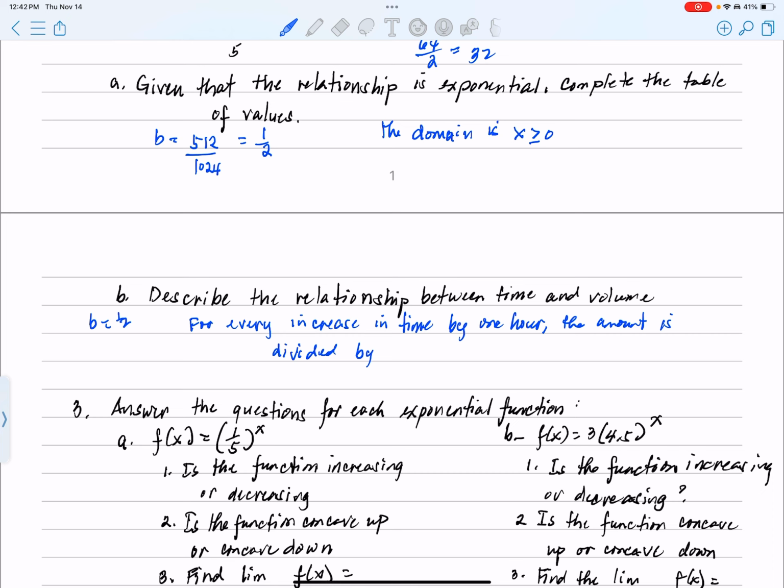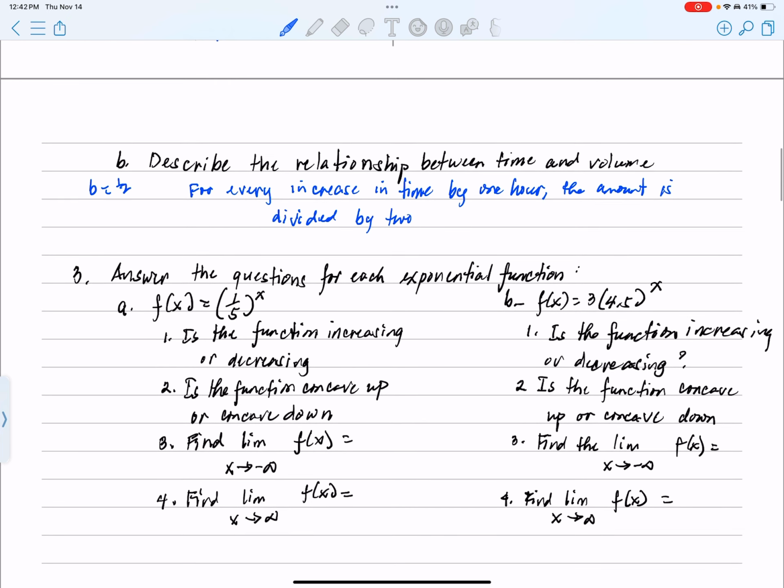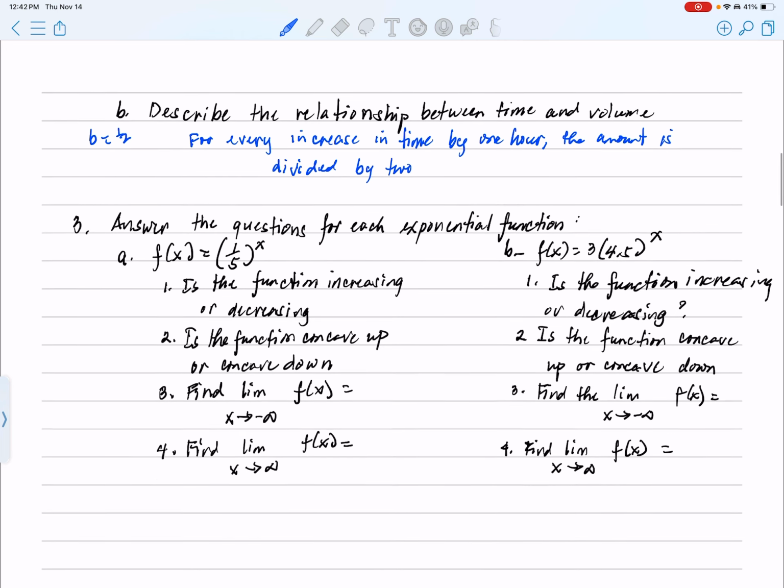Okay, let's have this number. Answer the question for its exponential function.